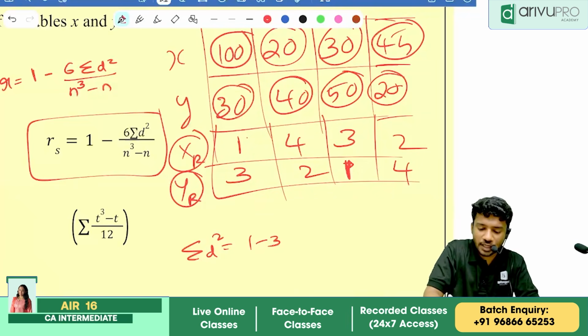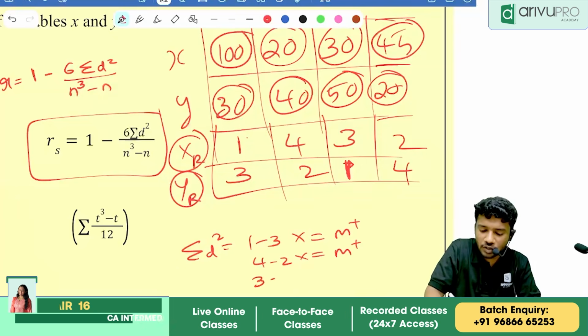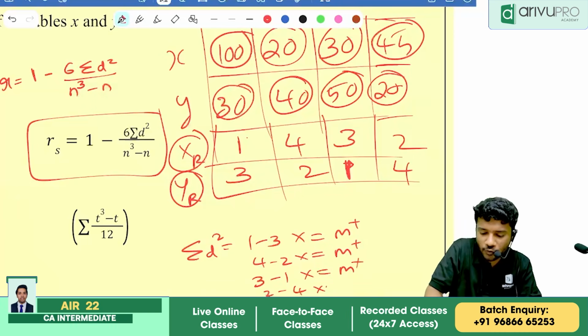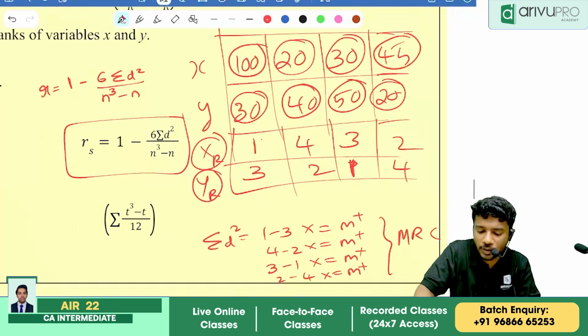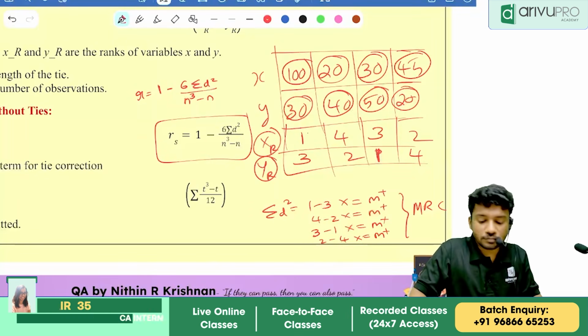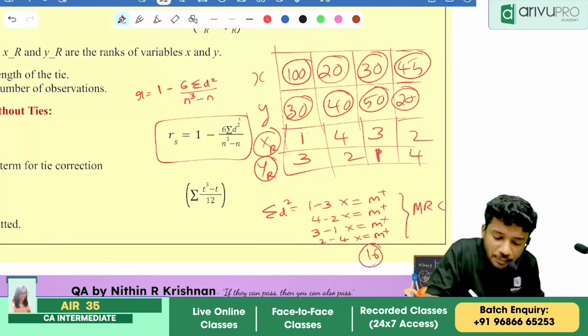Then the sum is how much on the calculator? 60? Everyone got 60? Yes. So that is sigma d square.